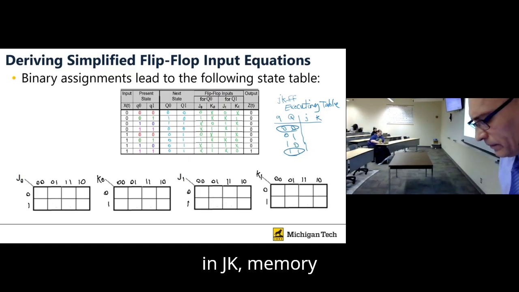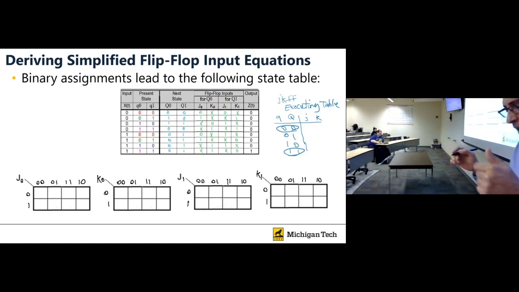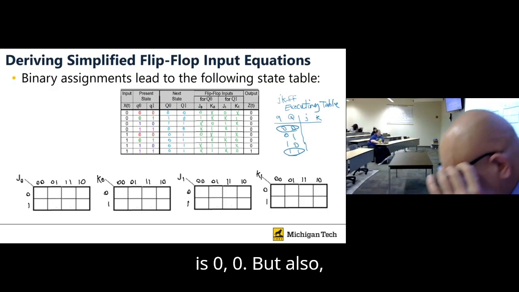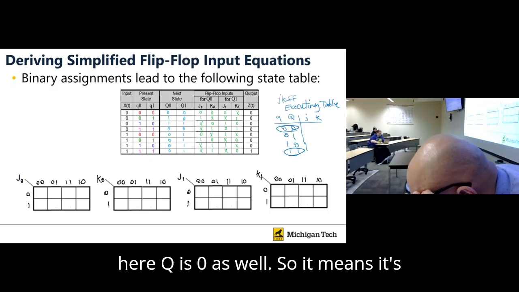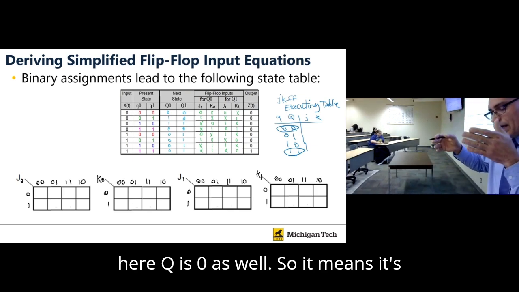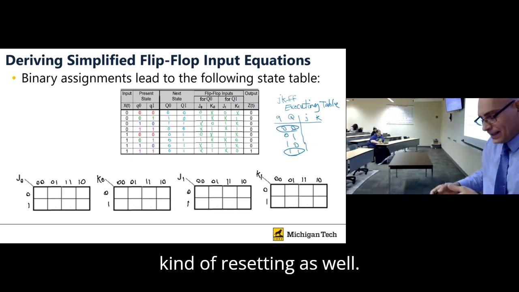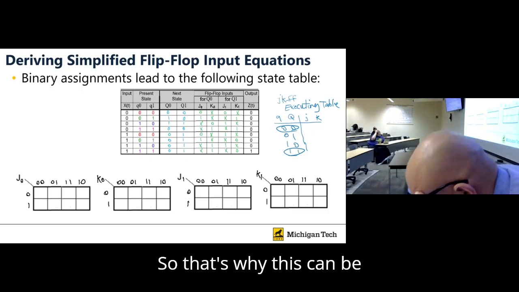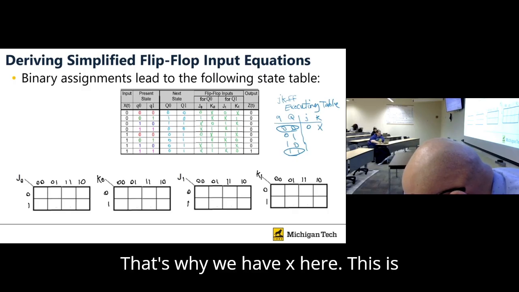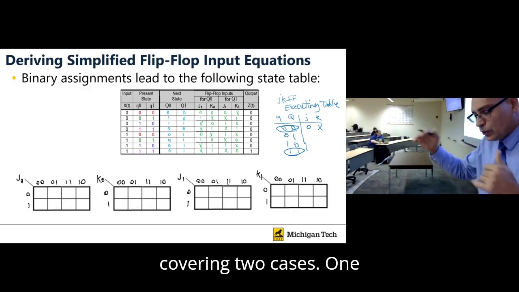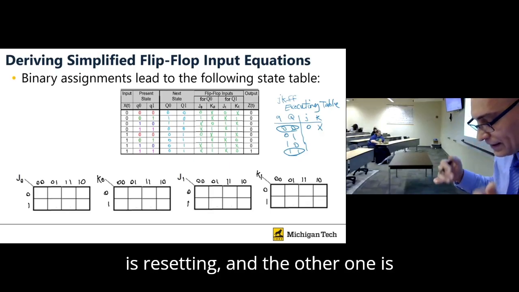So in JK, memory is 0, 0. But also here Q is 0 as well, so it means it's kind of resetting as well. That's why this can be anything. That's why we have X here. This covers two cases: one is resetting, and the other one is memory.